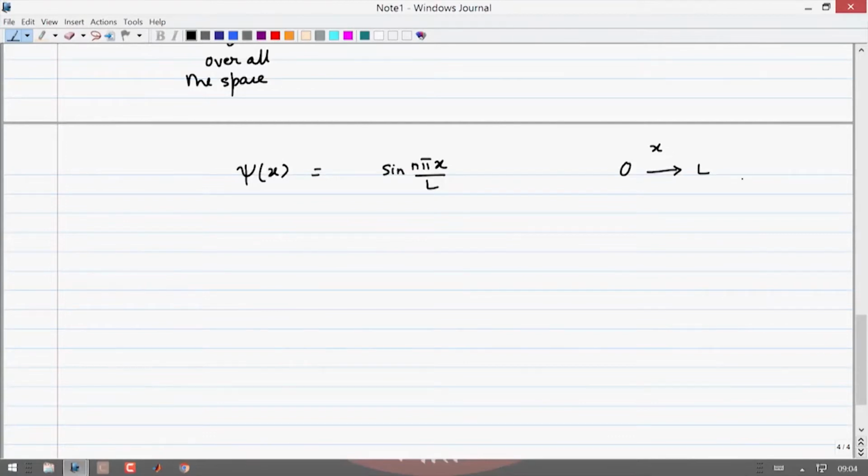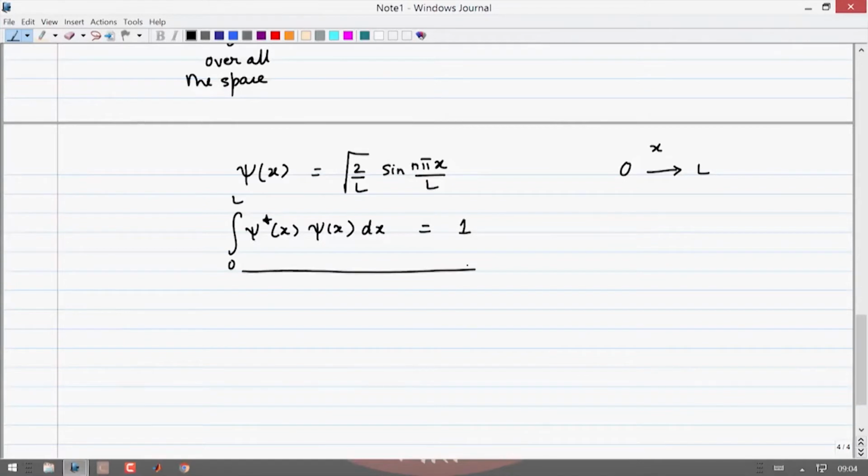X can take all the values between 0 and L, and we found that when you normalize this to unity, you get a particular constant, so that the integral of psi star x psi x over all space, namely 0 to L dx, is actually 1. It is a constant, but that constant turns out to be L by 2 if you use only sin n pi x by L as the wave function. Then you divide by the square root of the normalization constant, and we get it. Therefore, this is a square integrable wave function.